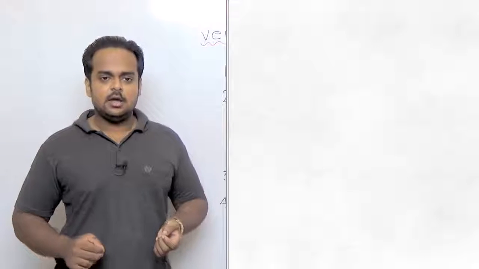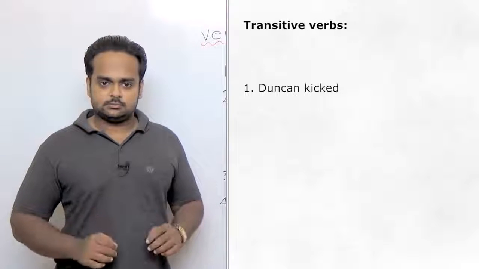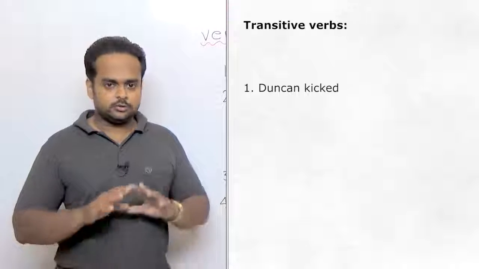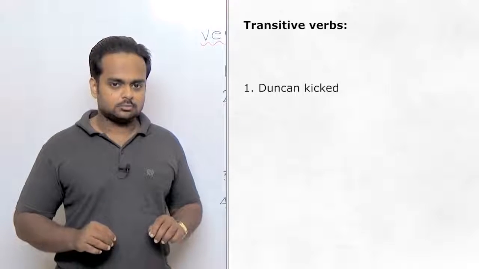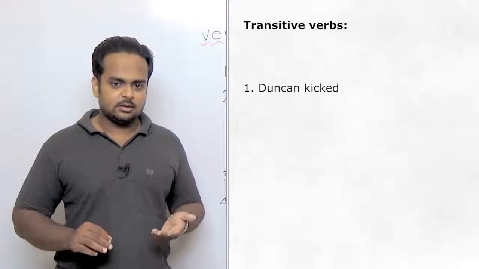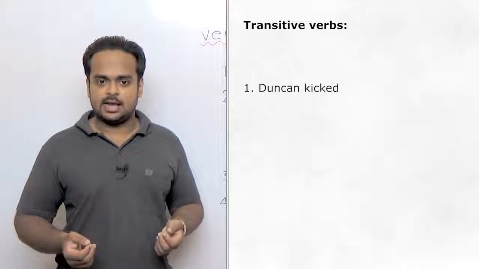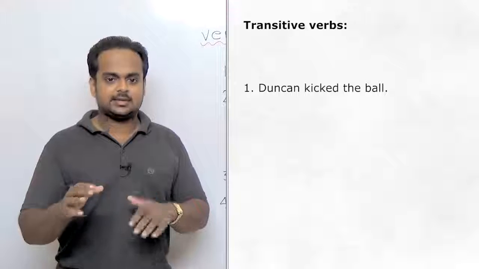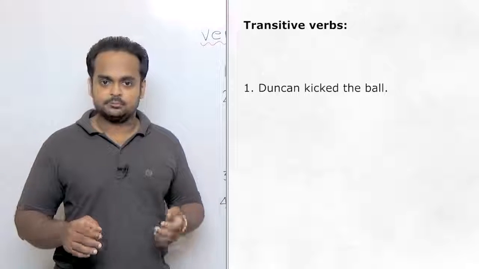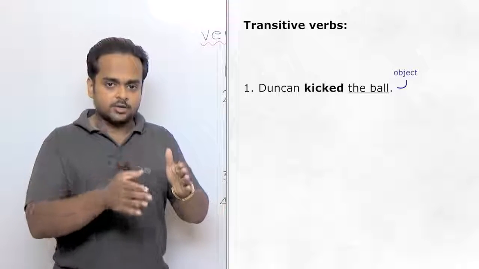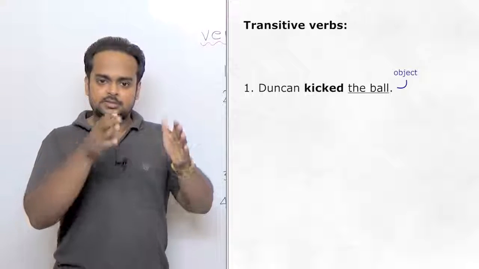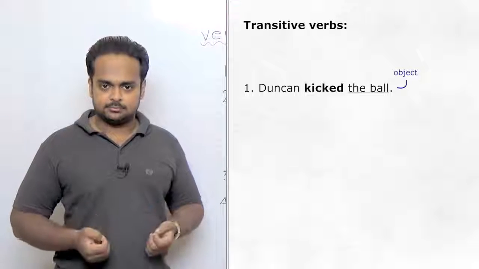Now, if I said, "Duncan kicked," does that sound a little wrong? Because you might ask me, Duncan kicked what? And I would have to say something like, oh, sorry, Duncan kicked the ball, for example. The ball is the object of the verb kick because the ball receives the kick.